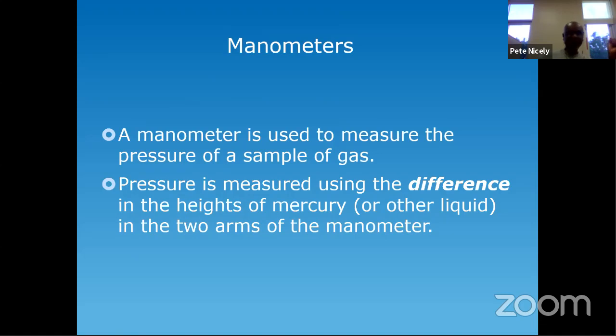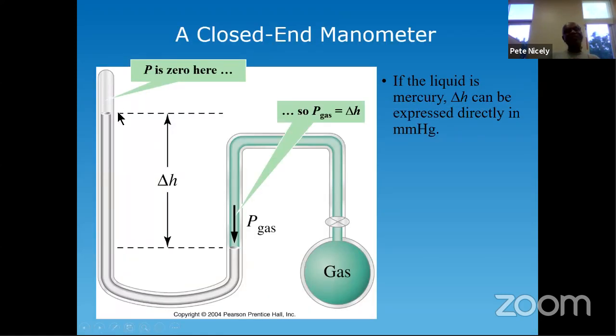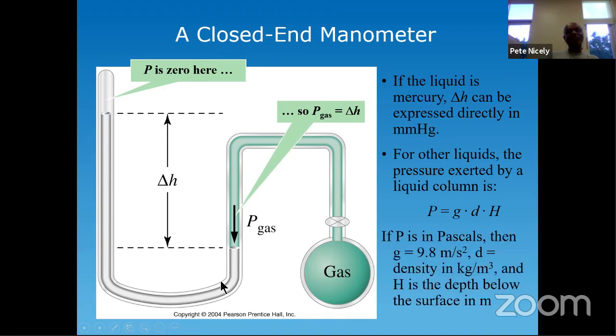So the manometer looks like this. It's basically a U-shaped tube. One end is connected to your container with the gas, and the other end is sealed in this case. But later on, you're going to see that we can have this end open. So this is an example of what we call a closed-end manometer.